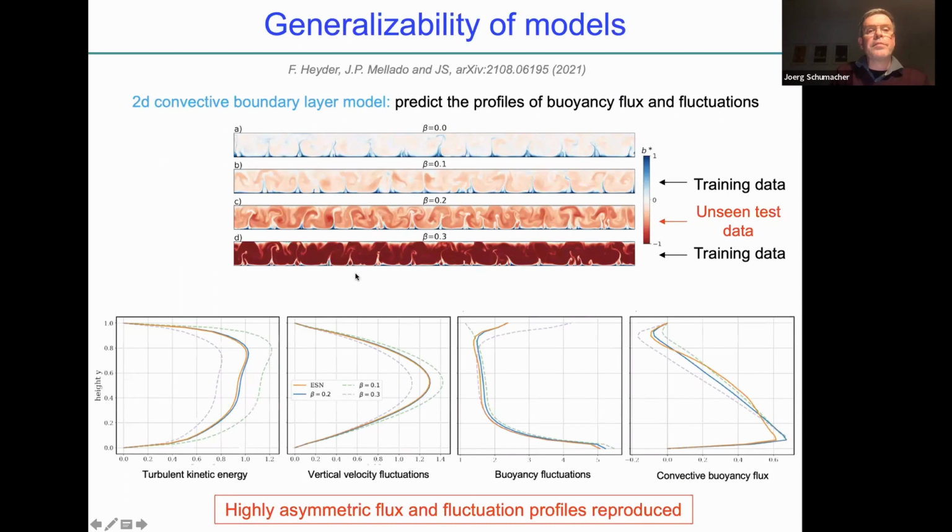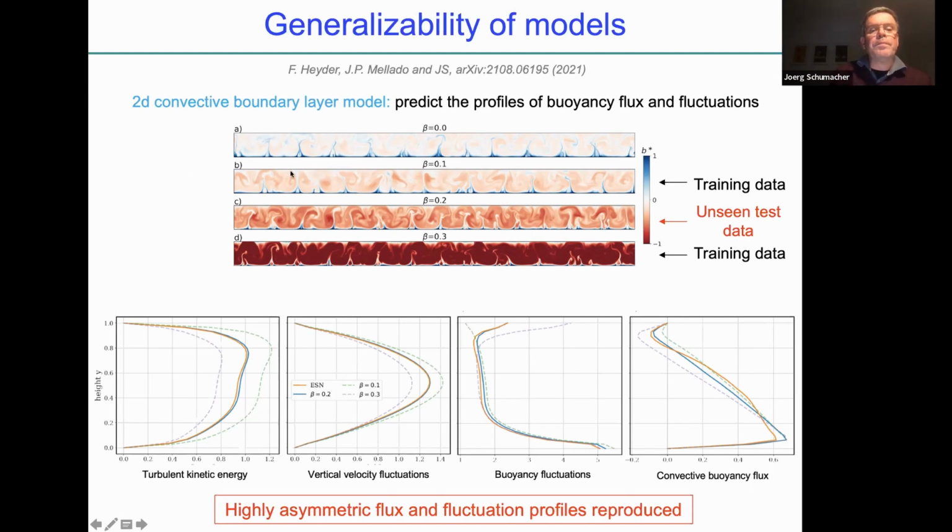Here's another, recent example, where we have taken a simple model of a convective boundary layer. There, the challenge was to look at the generalizability of these machine learning algorithms. Typically, you want to train it for some parameters, but then you would also be happy to vary the parameters and see how the model performs. That's exactly what we have done here.